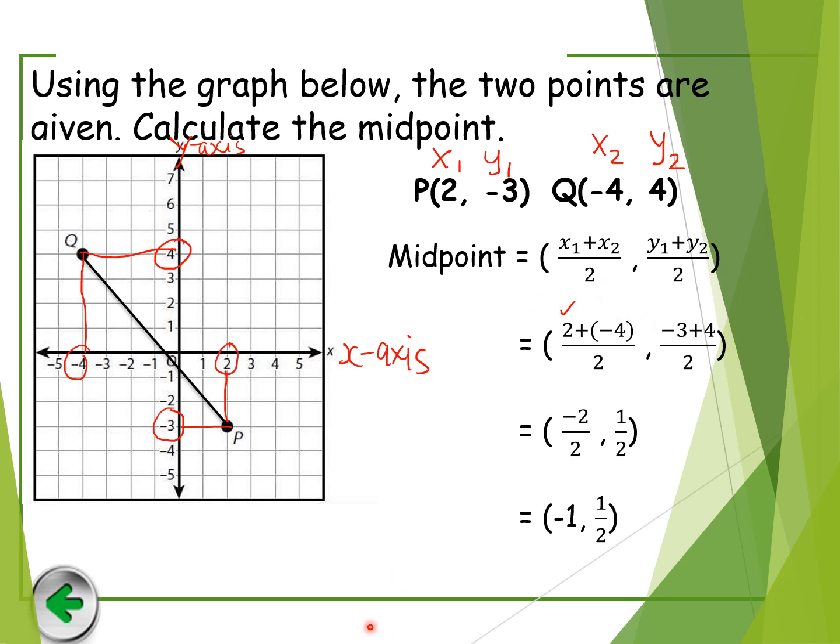So we have substituted the values into the formula. 2 plus -4 is going to give me -2. And -3 plus 4 is going to give me +1. So the midpoint coordinates are (-1, 1/2).